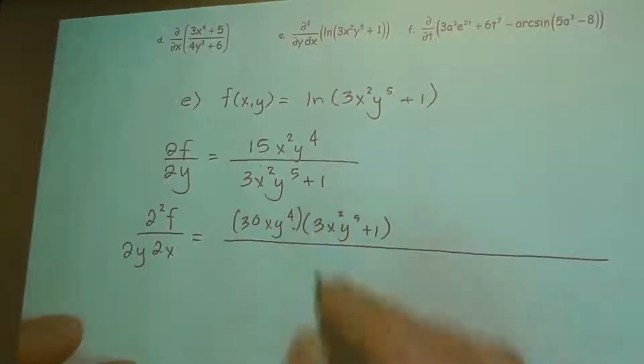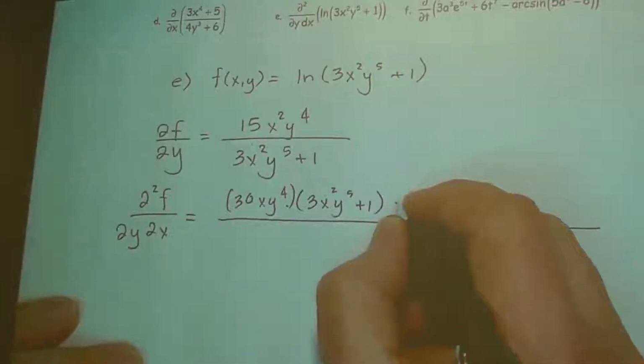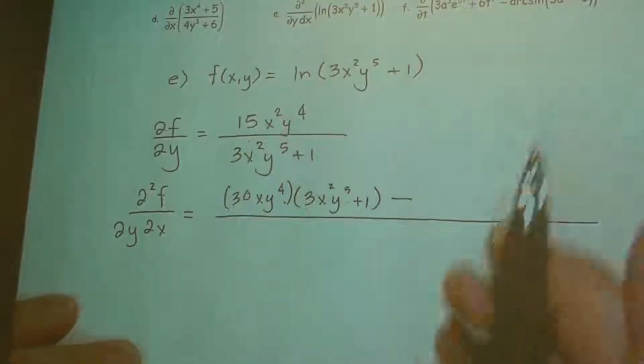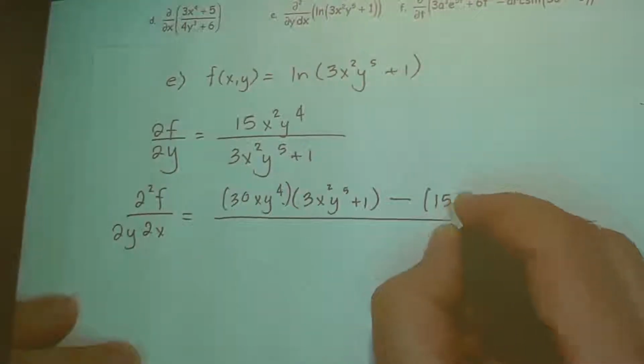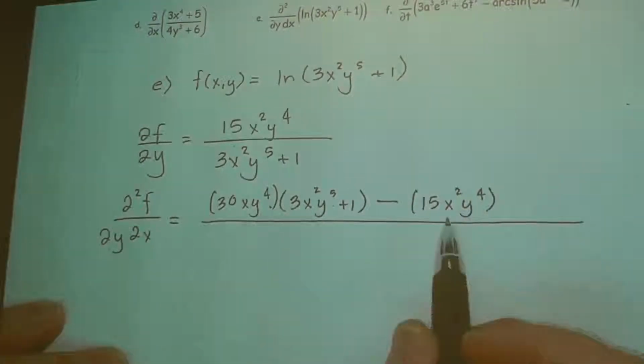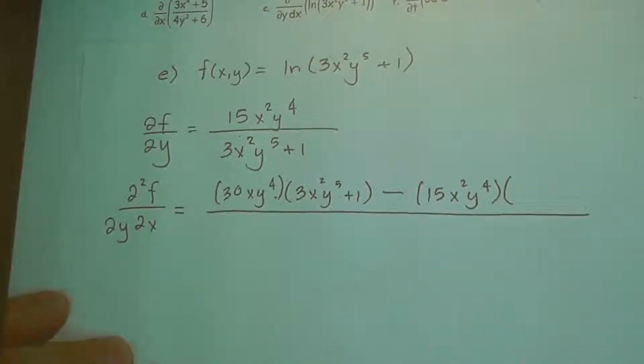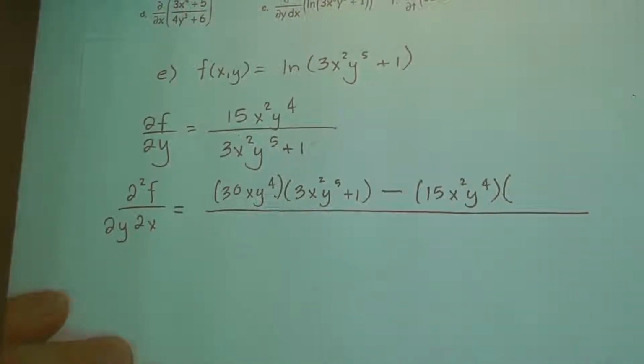Okay, so there's the first half of the quotient rule, or at least the numerator half of it. And then minus, leave the top alone. So that's the f prime g, here's the f g prime part of the quotient rule. And if I've said product rule, that's a mistake. I mean to say quotient rule, because obviously it's a quotient.